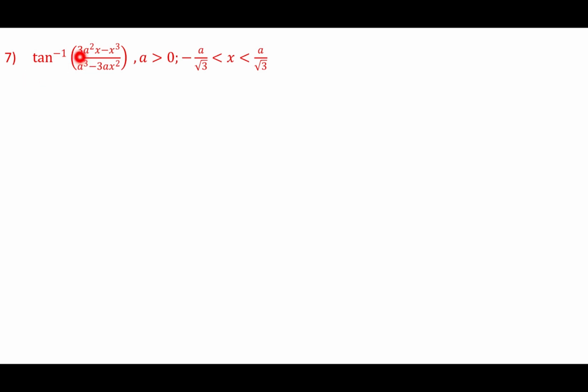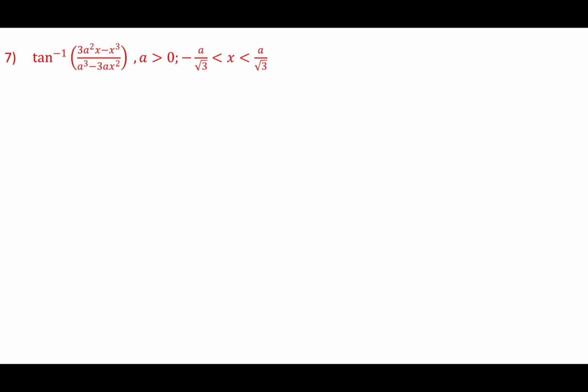Question 7. Tan inverse of 3a square x minus x cube over a cube minus 3a x square. We have to rewrite this part in such a way that we should get tan, so that tan inverse and tan will be gone, and the angle must lie in the range of tan inverse.